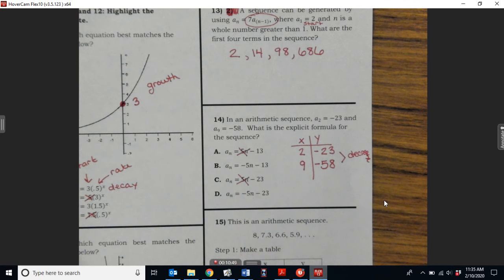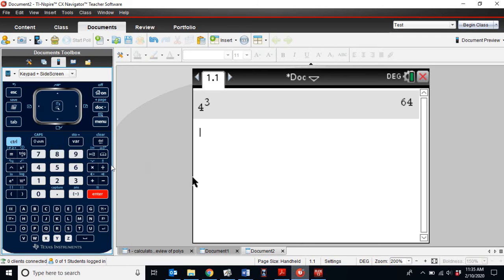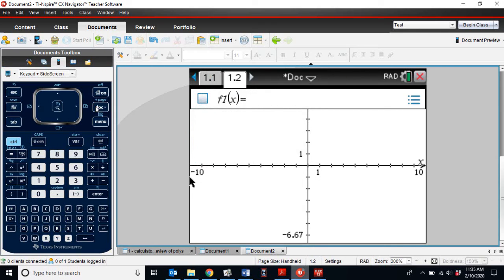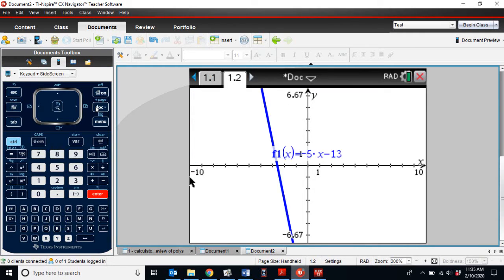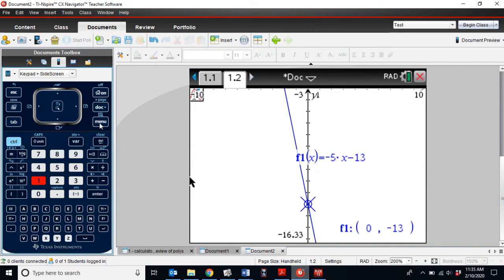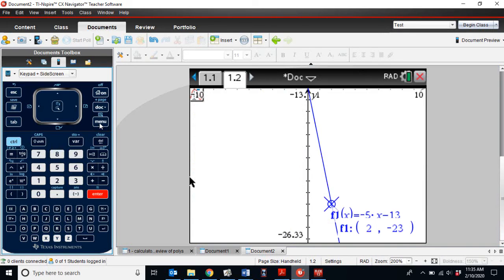And of the two that are left, we're going to go to a graph page on our calculator. So we are going to just start typing right there. We don't use n, we use x, so negative 5x minus 13. And then we press menu 5-1, and we're going to type in 2 and see that it gives us negative 23.